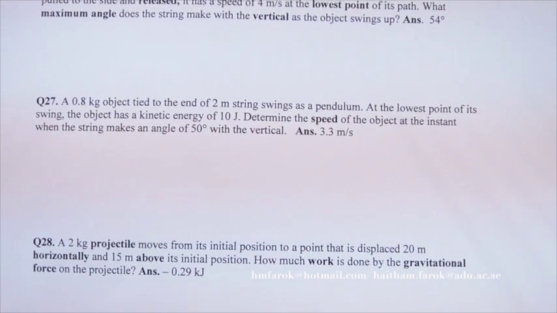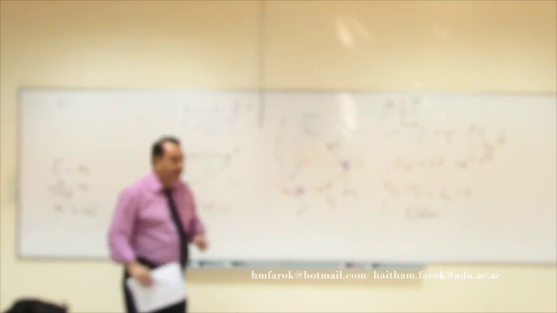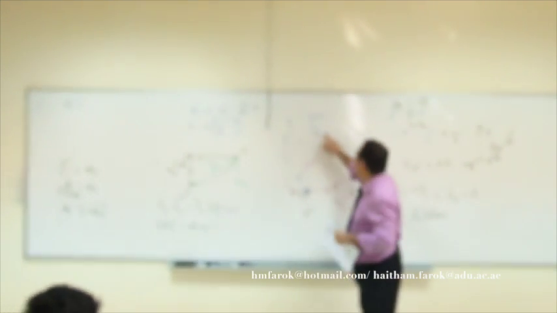It says a 0.8 kilogram object tied to the end of a 2 meter string swings as a pendulum. At the lowest point of its swing, the object has a kinetic energy of 10 joules. Determine the speed of the object at the instant when the string makes an angle of 50 with the vertical. Which means theta is not max.